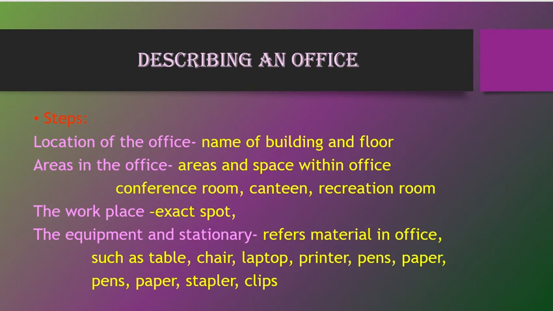When we describe an office, we have to focus on 4 points. The first point is location of the office. Second one is areas in the office. Third one is the workplace, and fourth one is the equipment and stationery.